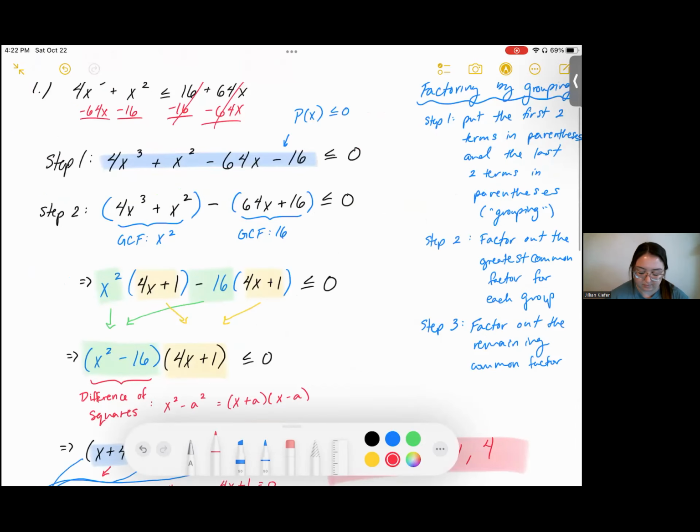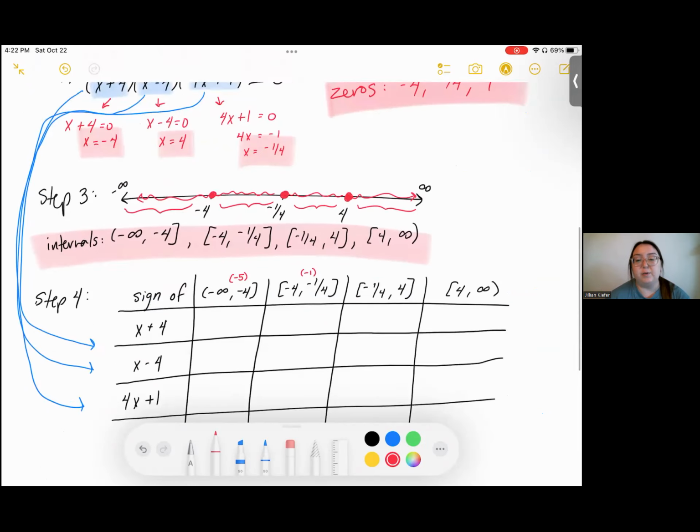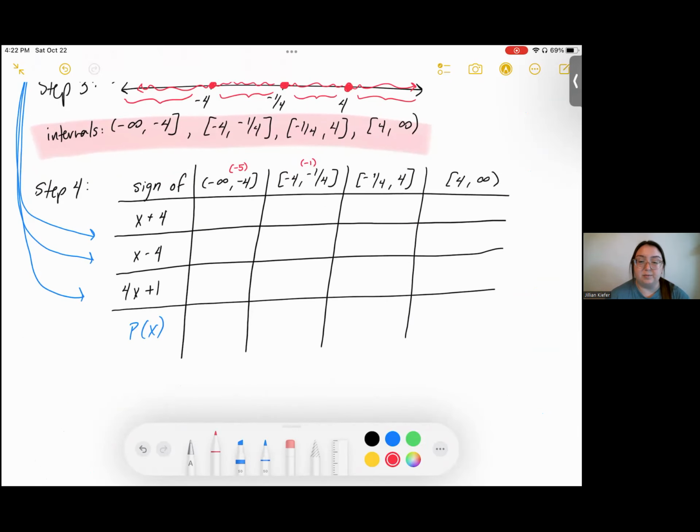Then from -1/4 to 4, once again, you want to make it as easy as possible. You can pick 0, you can pick 1, whichever one feels better. Personally, I like 0, so I'm going to pick 0. And then for the last interval, 4 to infinity, the next best one is probably going to be 5. So these are the test points right there.